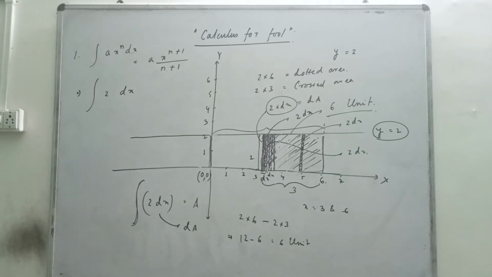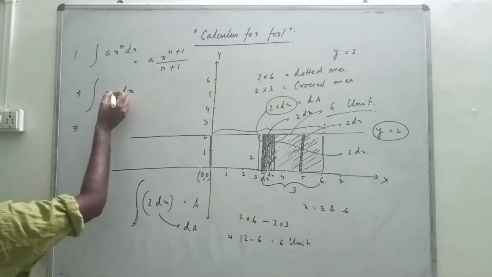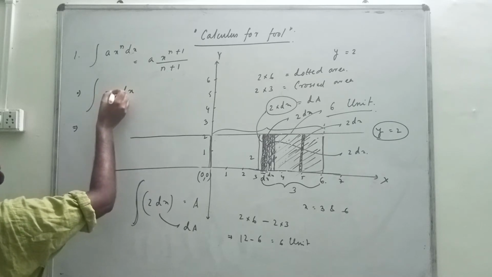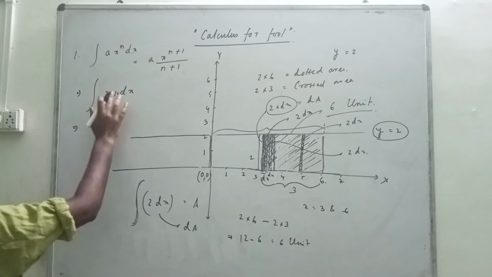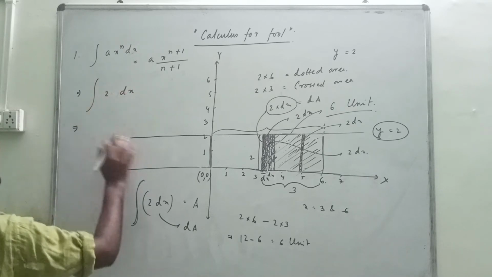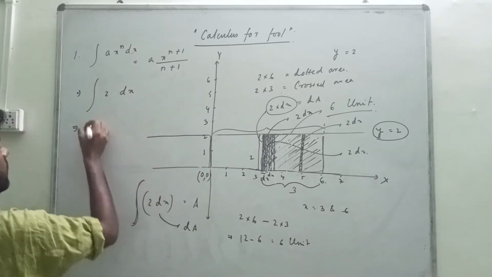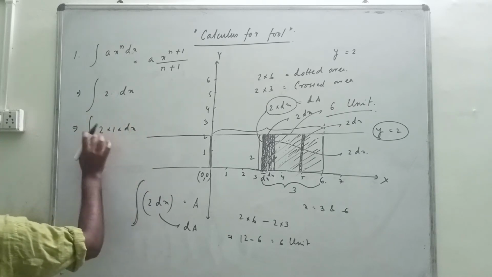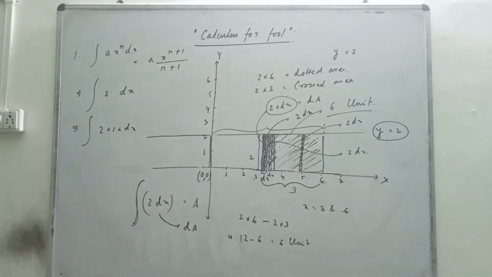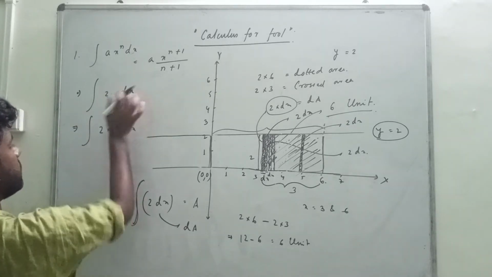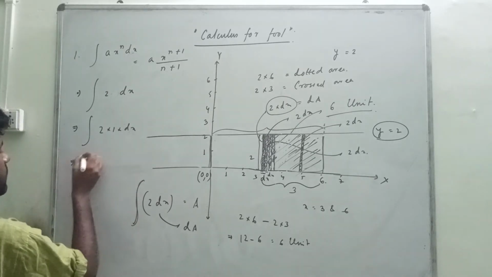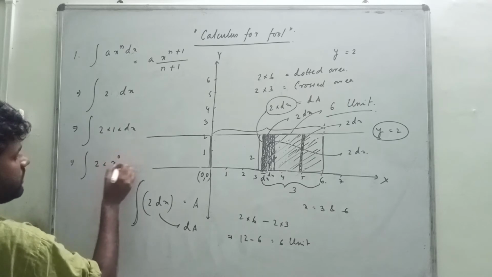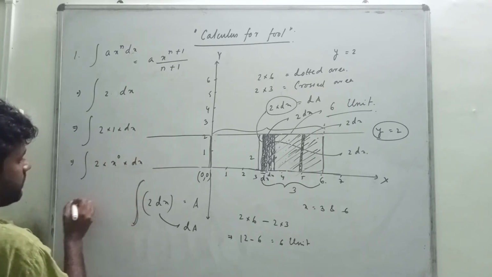It is very simple. Here it is 2 into dx. If you introduce a 1 here, nothing changes, because 2 into 1 means 2. And 1 means x power 0, into dx, right?